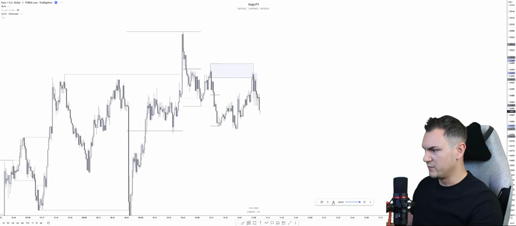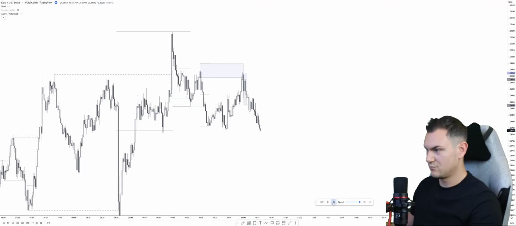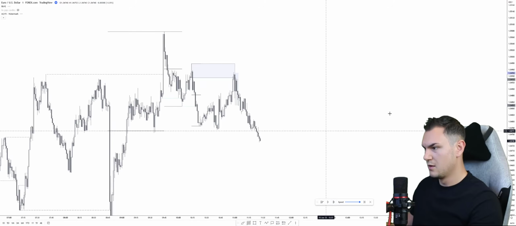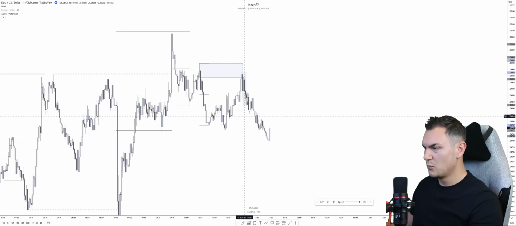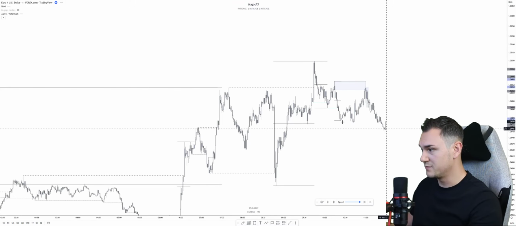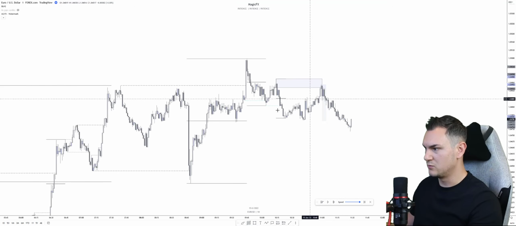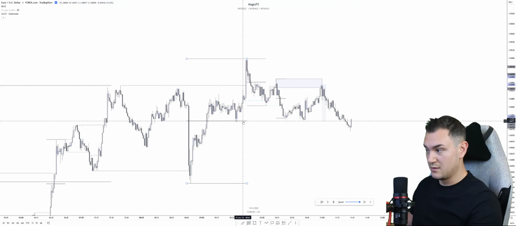So price started moving down from there. So now, what would I be looking at? Well, in terms of targets, first of all, I would certainly take some sort of partial at the 15-minute discount zone.